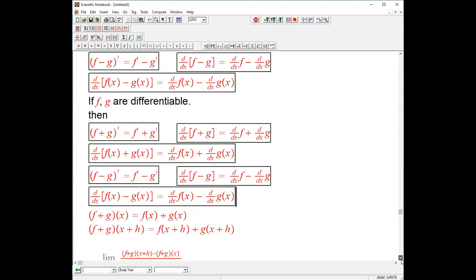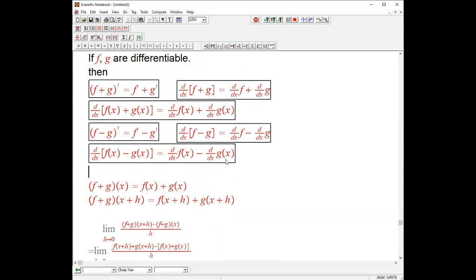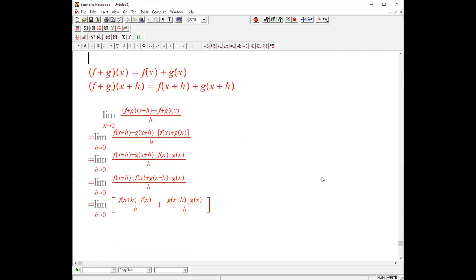You can see applying these limit laws, actually there's a condition before you apply the limit law. Just adding, subtracting, the individual has differentiability. That's why before we apply limit law, we need to check the individual limit exists before we can apply limit law. So here it's the same thing.